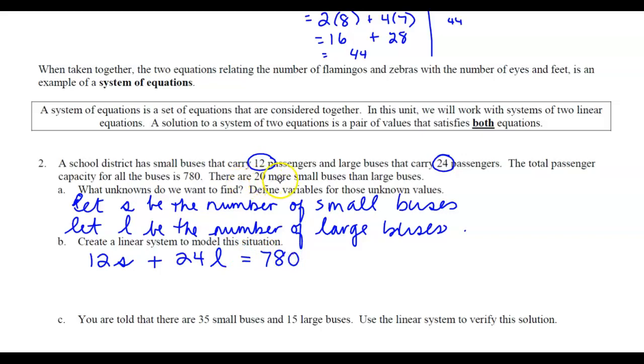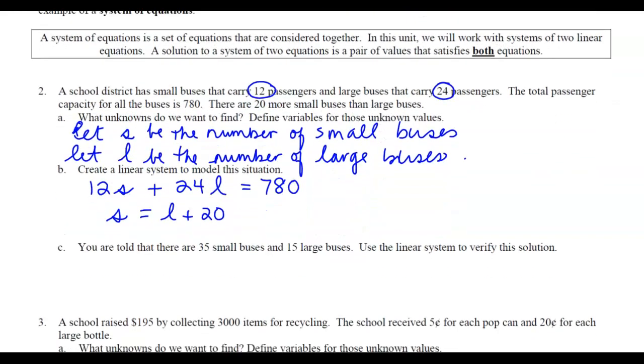Then it says there are 20 more small buses than large buses. Okay, so our small buses is S. That's equal to the large plus 20, because there's 20 more small than the large. So we have to add, that's one way of showing it. You could subtract them to get 20. In any case, that is the system.